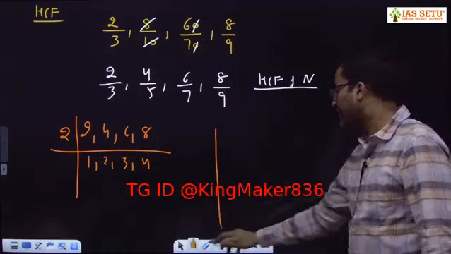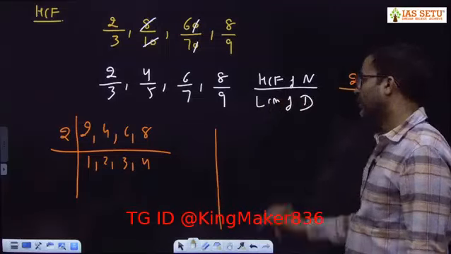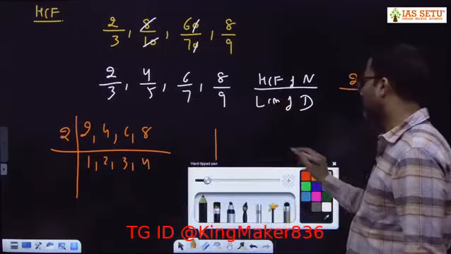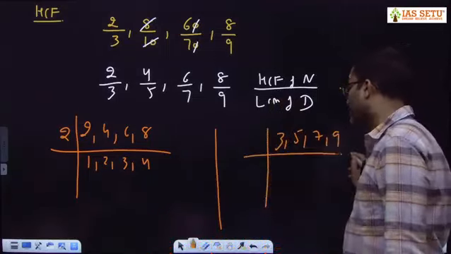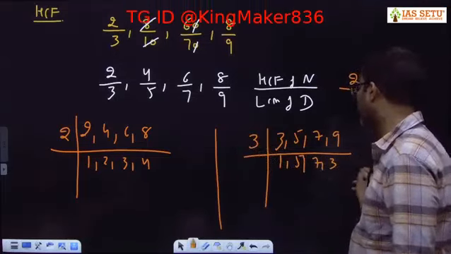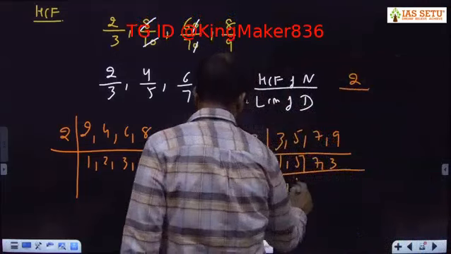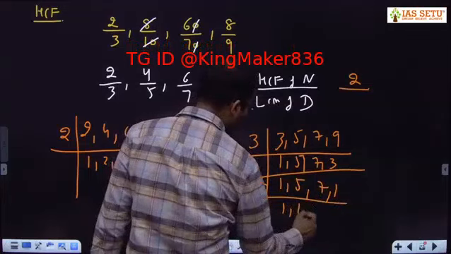Then you have to find LCM of denominators. So what is LCM of 3, 5, 7, 9? 3 common, 1, 5, 7, 3. Again take 3, 1, 5, 7. Take 5 common, 1, 1, 7.